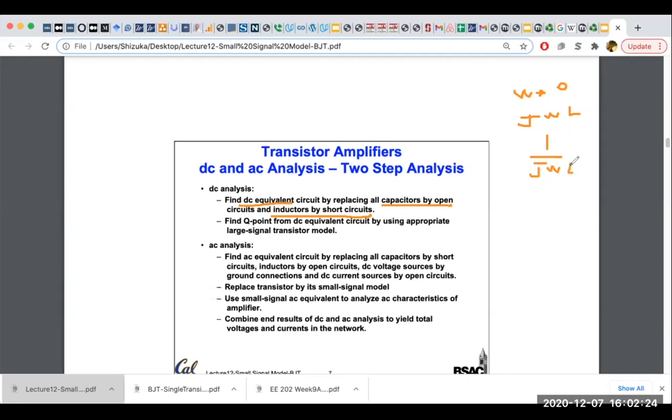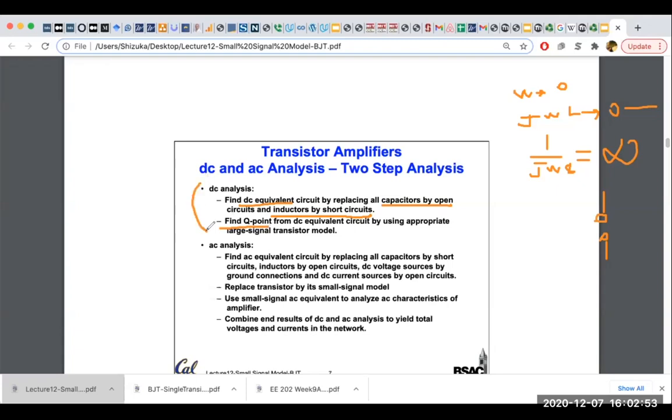Open means high impedance: 1 over j omega c goes to infinity. So it means open, okay? j omega L goes to 0, so it's a short circuit. Then, just looking at the DC, you find the operating condition, the Q point. That's called the quiescent point, the DC operating conditions.